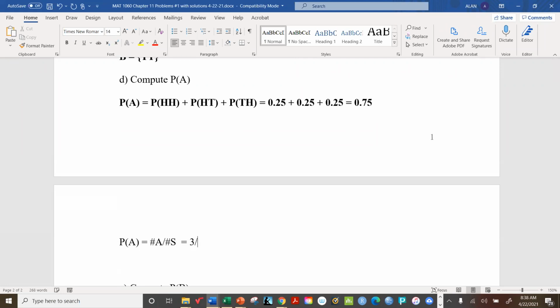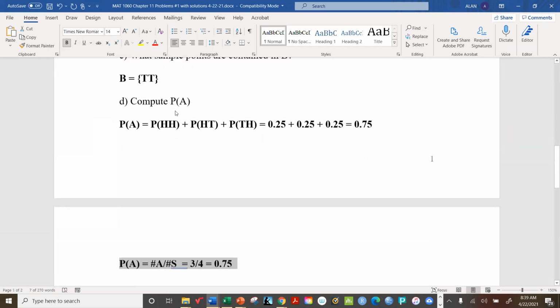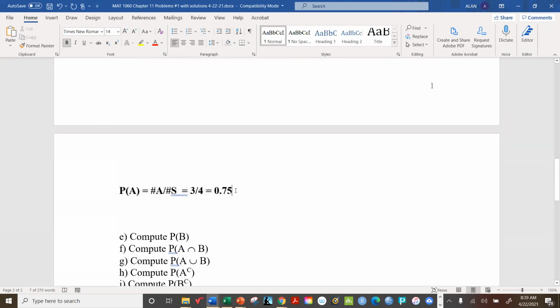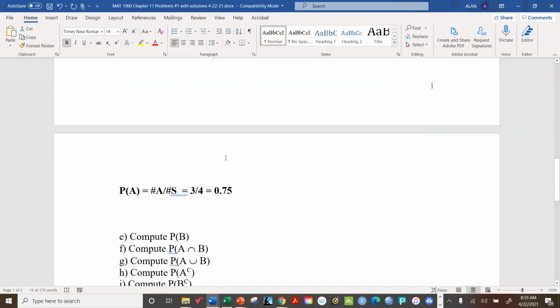So therefore, we can just write it as 3 out of 4 or 0.75 because we have 3 elements in A and 4 elements in the entire sample space. So either one of these will work. But this approach right here that you're seeing only works because they're all equally likely. When they're not, you have to use this approach. All right, but either way, you'll get the job done.